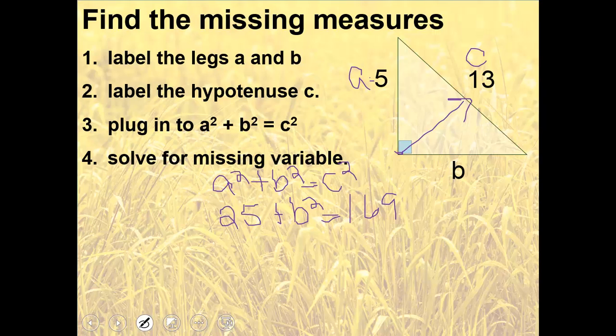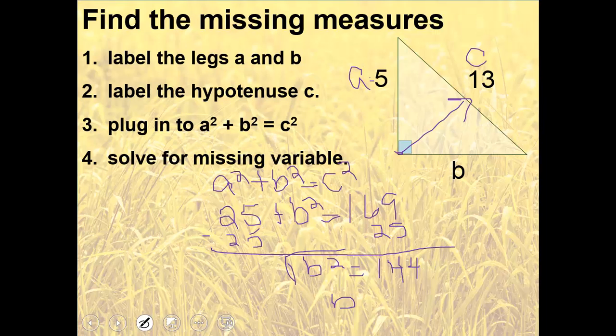Now, in order to solve for B, I have to subtract 25 from both sides and I get b squared is equal to 144. I recognize that to be a perfect square, which is 12 times 12.